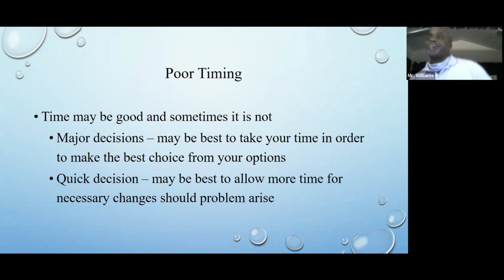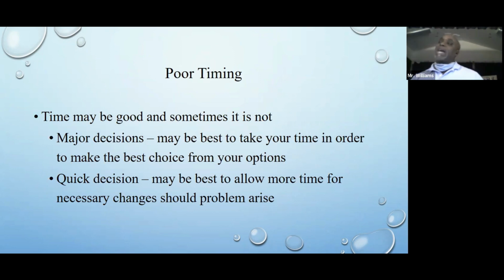Timing. Time may be good and sometimes not. There are times when you have to make a quick decision, and there are times when you are afforded the opportunity to take your time to make a decision. Major decisions obviously are best when you can take the time to make that decision.